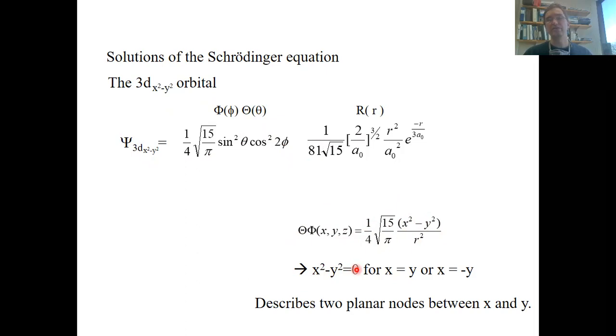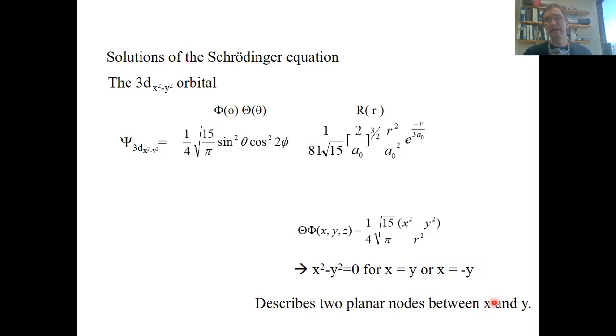And that is the case for x equal to y, or x equal to minus y. So we have two possibilities here, so we would expect two nodes. Okay, and these two nodes are planar nodes.